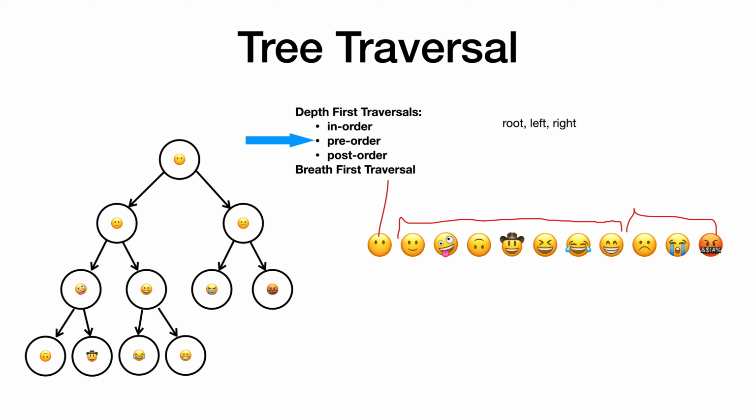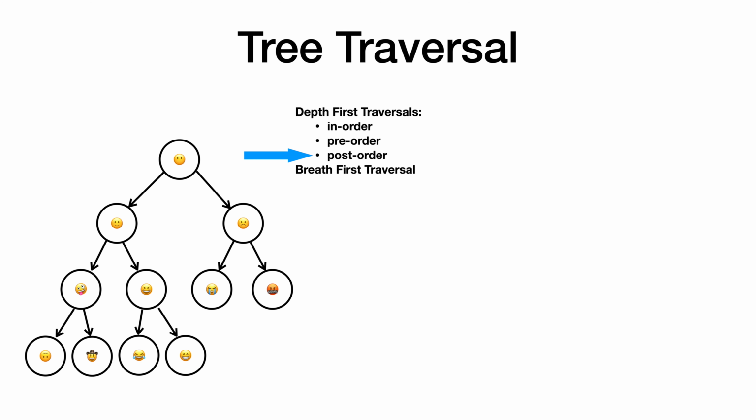And then postorder is basically the opposite, where we print both of our children before we print ourselves. So here, the neutral face first makes a call on the left, and just like in order traversal, the upside down face gets printed first, right?